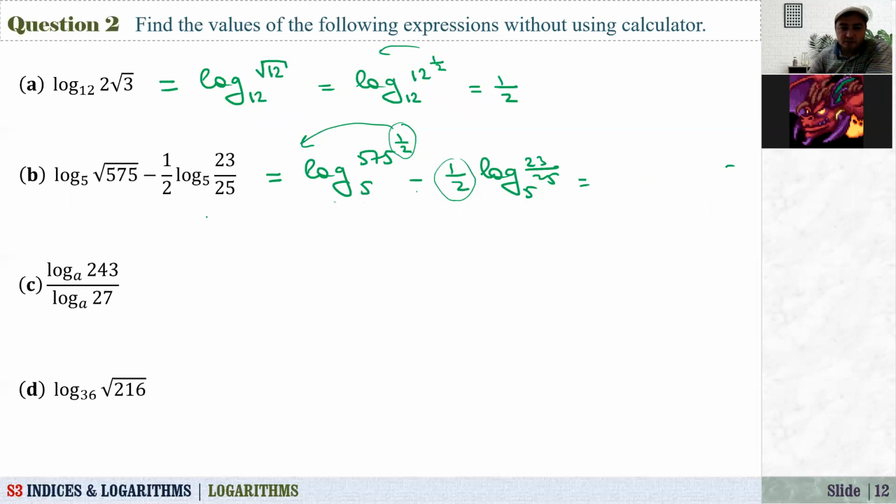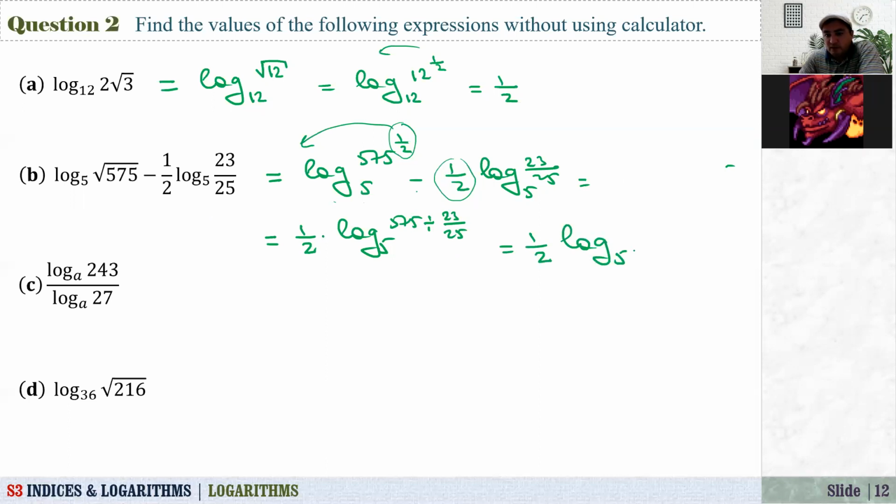And let me just write here, equals 1 over 2 is a common factor. Here we have logarithm in the base 5. Here we have 575 divided by 23 over 25. Okay. So that's equal to then 1 over 2 times logarithm of 5.